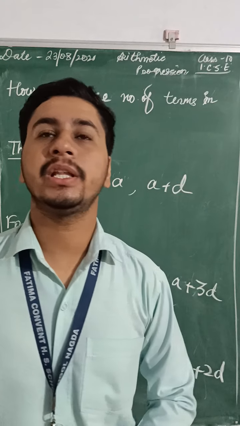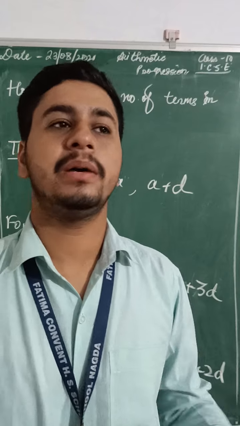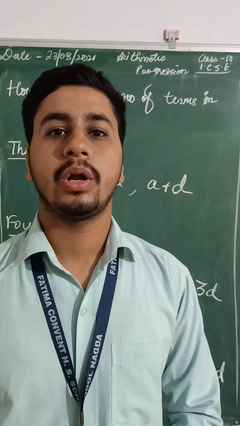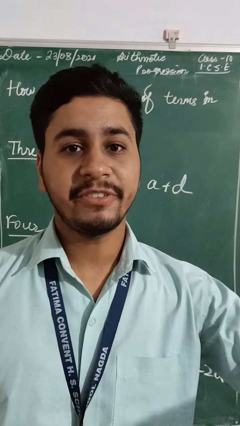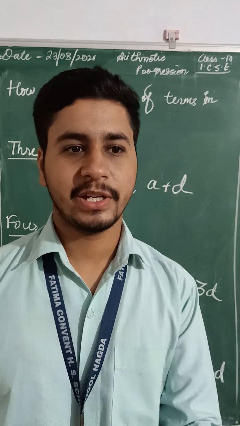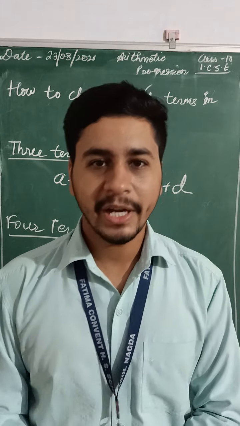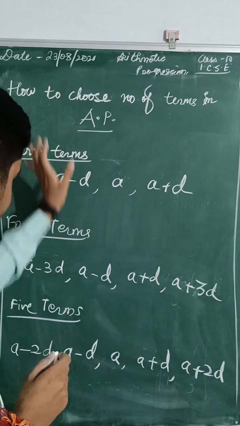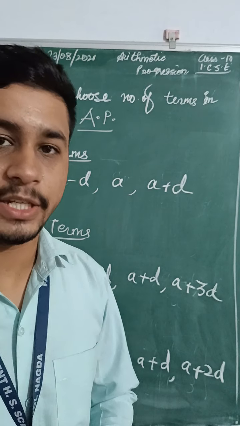You will be dealing with questions which say that the sum of 3 numbers in the AP is this, and the product of first and last is this, or the sum of 4 terms in the AP is this, or the sum of 5 terms of an AP is this, and you are given the product also, like product of first and fourth is this. So you need to find the first term, common difference, as well as the sum of terms. These are the fixed numbers of terms which you always have to consider.